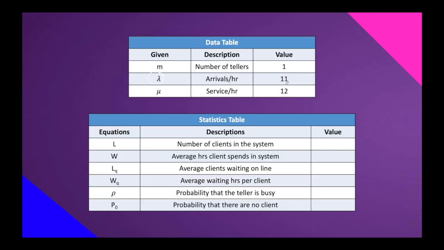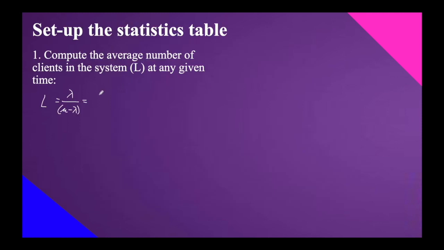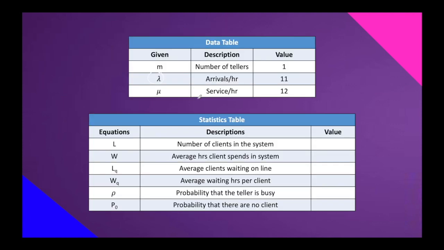We have lambda of 11 and mu of 12, so by direct substitution it will be 11 over 12 minus 11. That is basically 11 divided by 1, which is 11. Therefore, the average number of clients in the system at any given time is 11. Eleven clients are in the bank on the average.